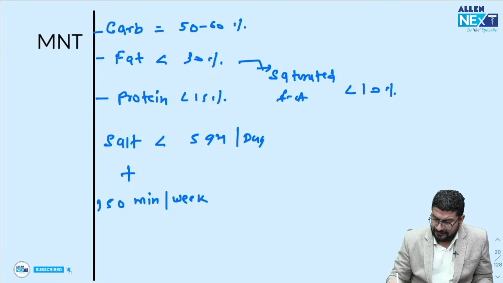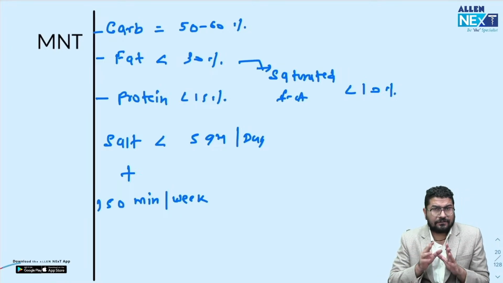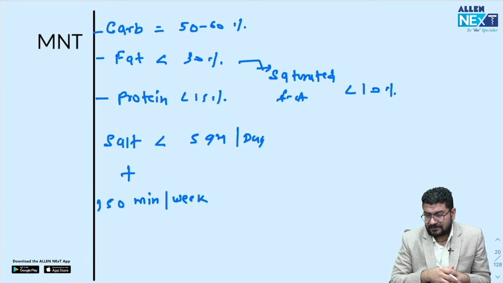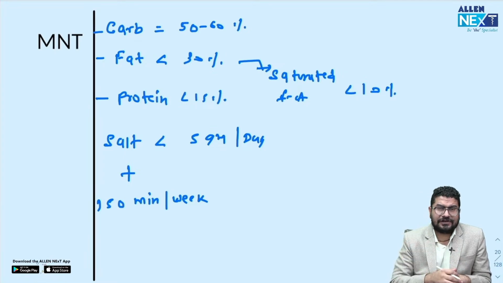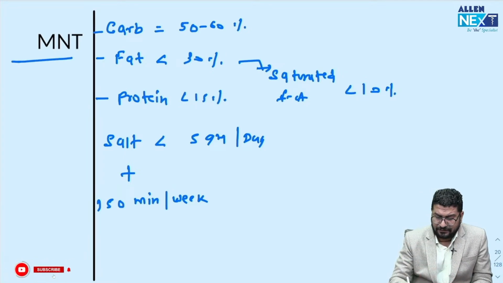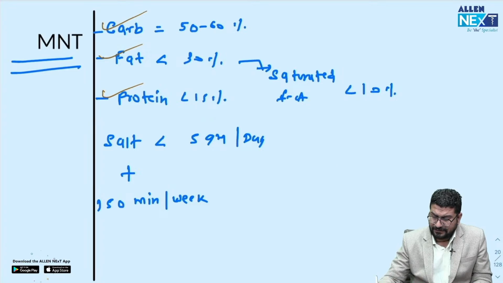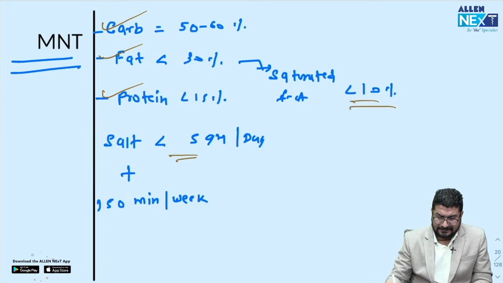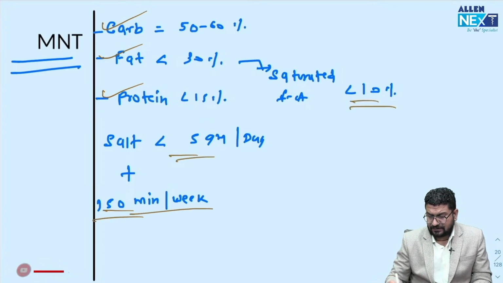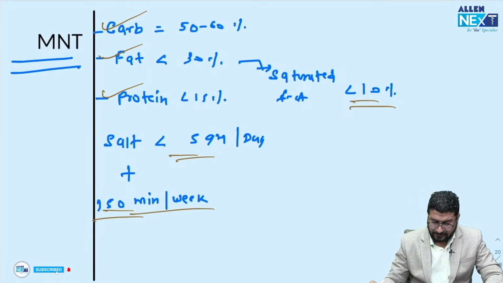So these are added things a diabetic patient should follow other than metformin or OHA, whatever they are using. So we call this medical nutrition therapy. See once again, carbohydrate 50-60, fat less than 30, protein less than 15, saturated fatty acid less than 10, then salt less than 5, and 150 minutes of brisk walking, or I can say jogging.